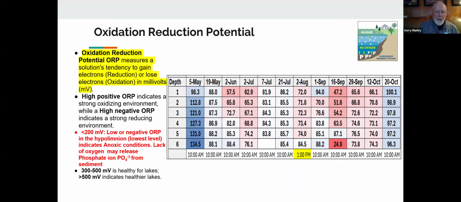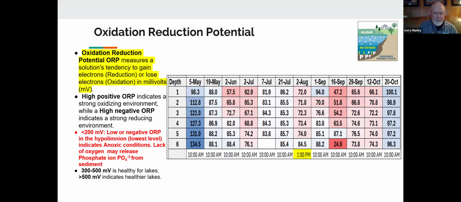The next three slides all kind of go together. So I'm going to talk about oxidation reduction potential, dissolved oxygen, and phosphate as a connected concept. In the ORP, healthy lakes typically have ORP values well over 300 millivolts in the hypolimnion, and this produces a very strong oxidizing environment, and that's really good for dissolved oxygen.